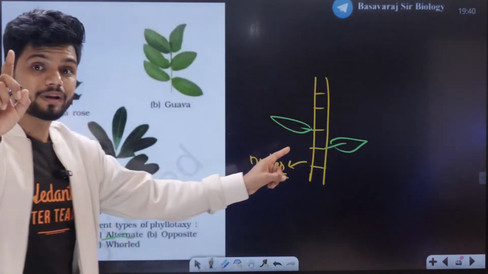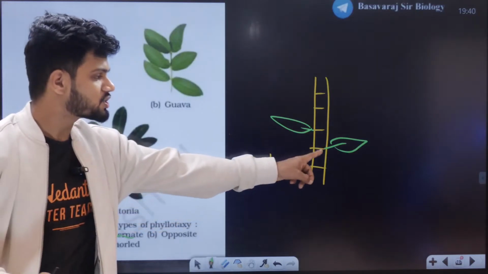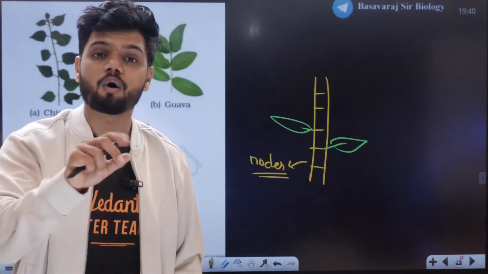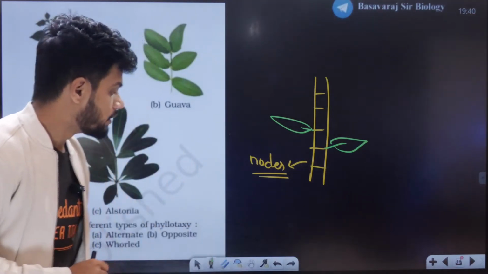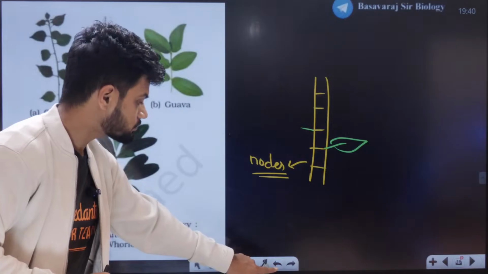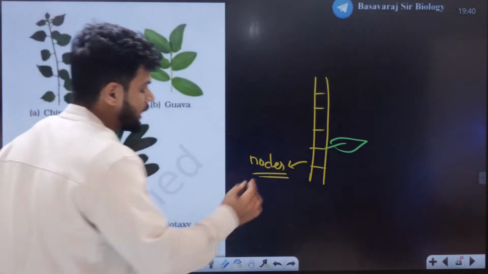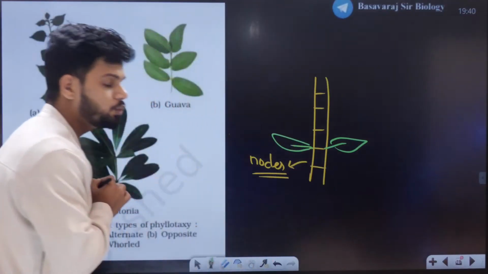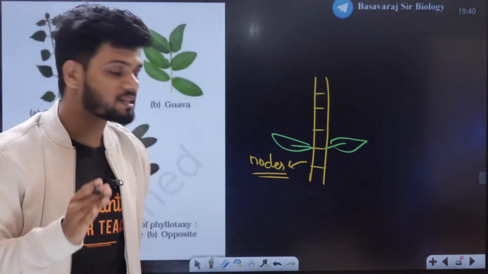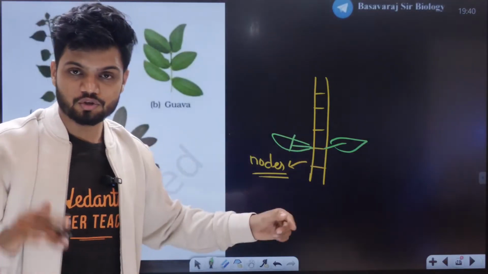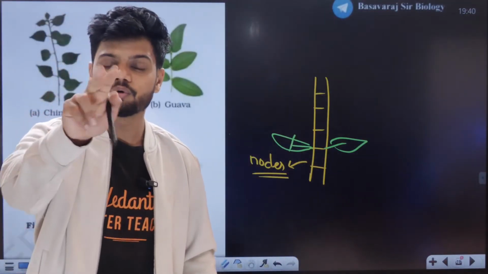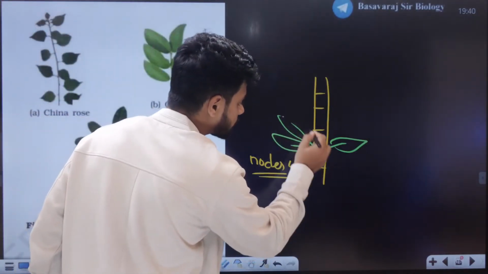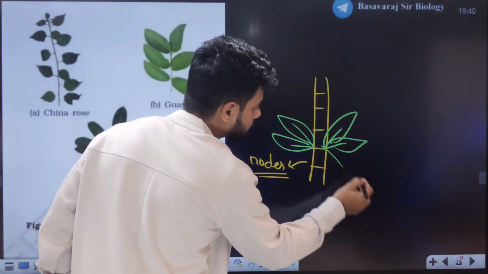Alternatingly, if you find only one leaf, such phyllotaxy is called alternate phyllotaxy. But, what is the but here? If at the nodal part you find two leaves, such an arrangement is called opposite phyllotaxy. So only one, alternate; two, opposite. Okay. Now what if I add more than two at a single node? Here also.